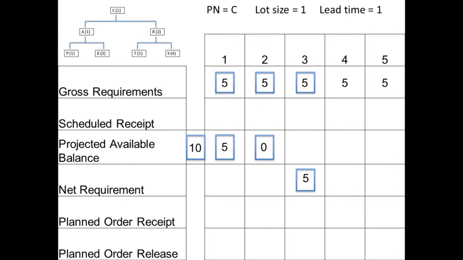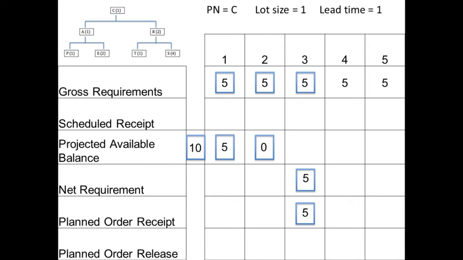In that same period, we're going to have a planned order receipt to cover that net requirement amount. In this case, it's the same as the net requirement because our lot size is 1, or lot for lot. If our lot size was 10, then our planned order receipt would be 10. But for right now, we're going to use lot for lot, so our planned order receipt is going to be the same as our net requirement.